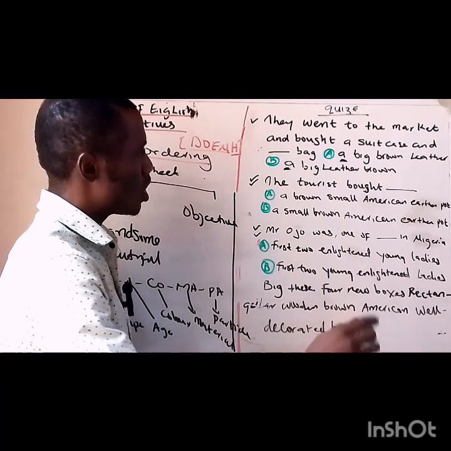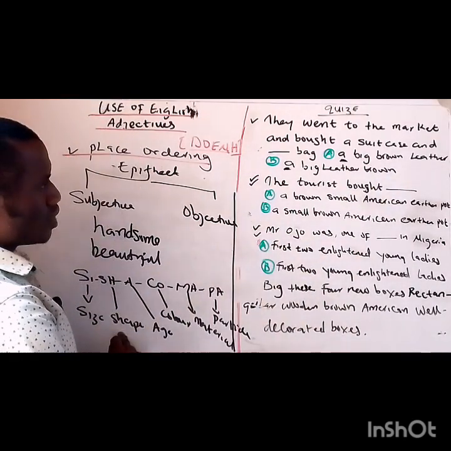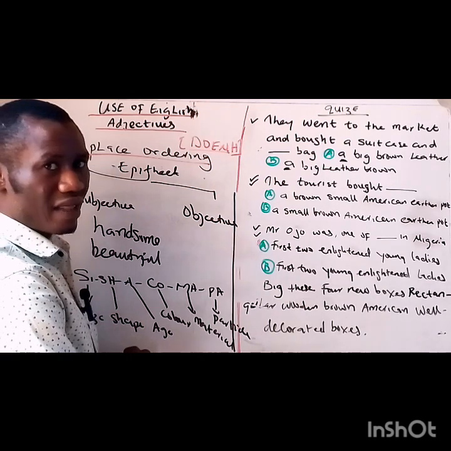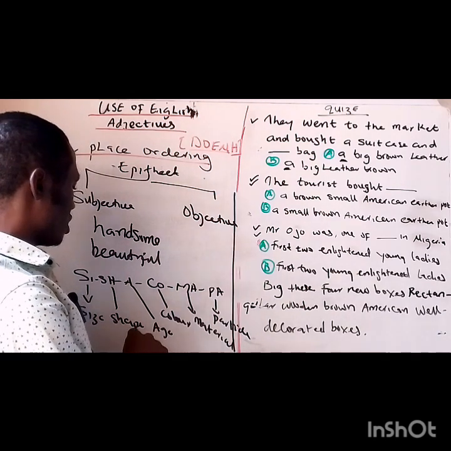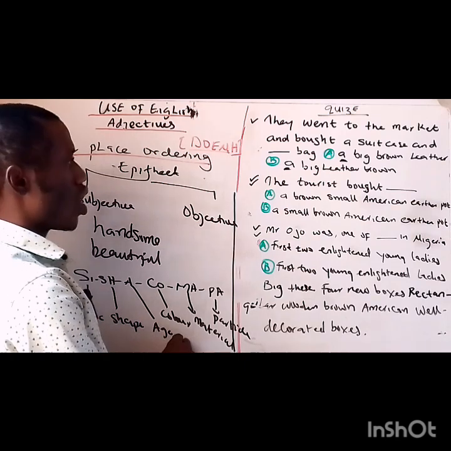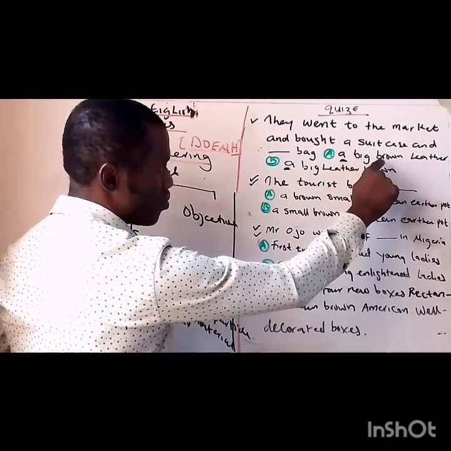Second arrangement is correct. The third arrangement, after the size, the shape, there is no shape of the bag there. After the shape, the age, of course there is no age. After the age, color. Now let's look for the color. You see, a big brown.